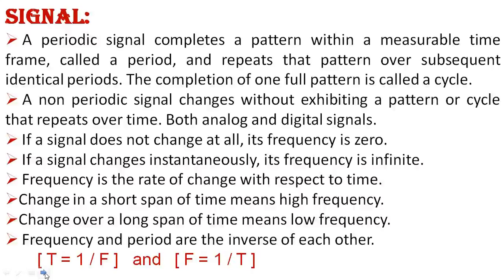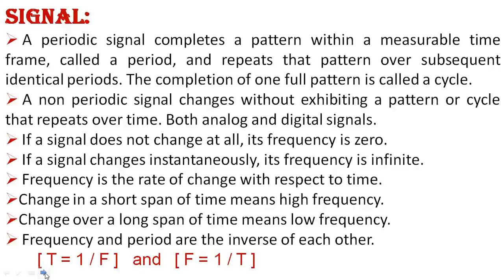If a signal does not change at all, its frequency is zero. If a signal changes instantaneously, its frequency is infinite. Frequency is the rate of change with respect to time.